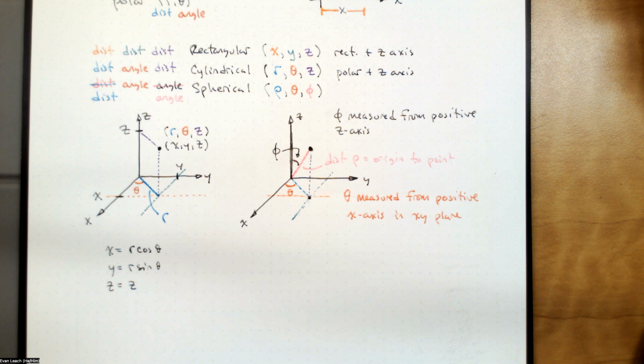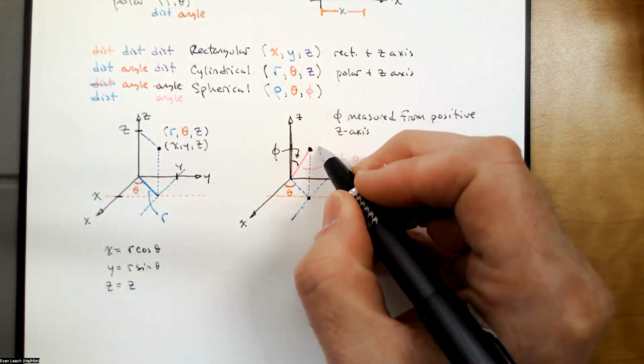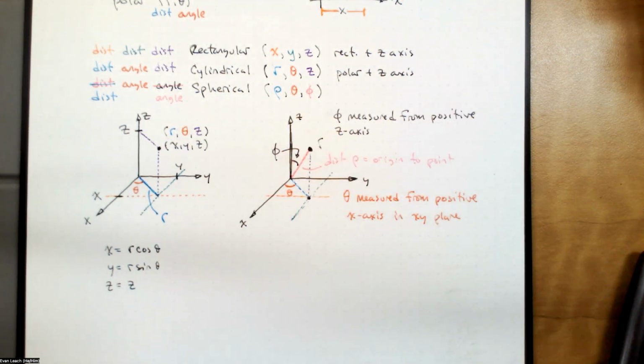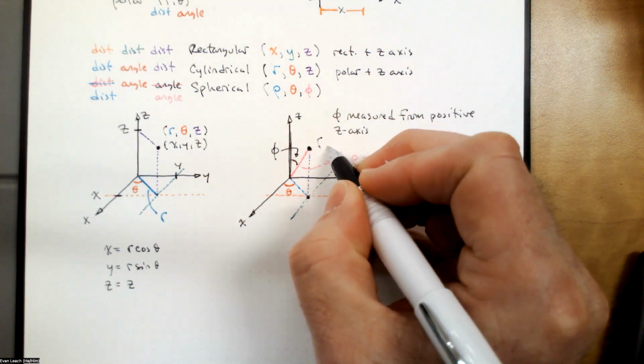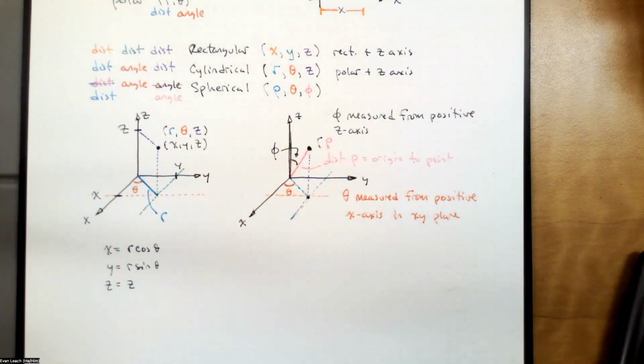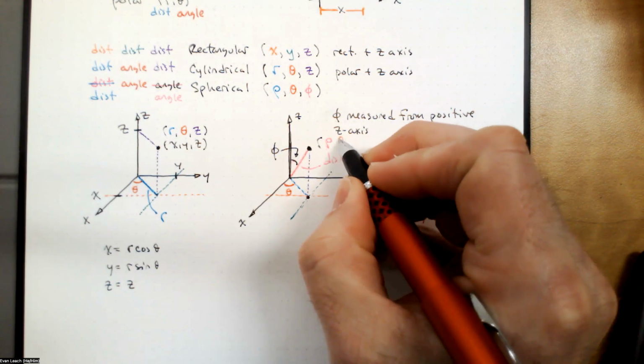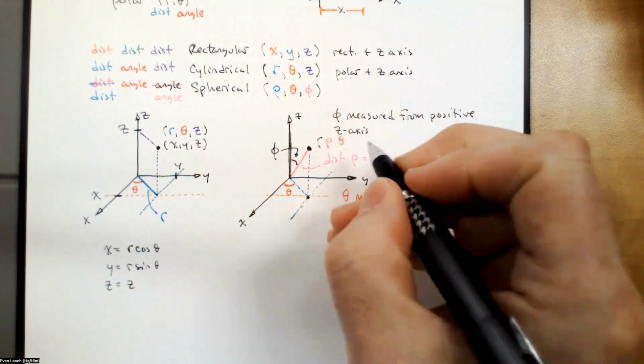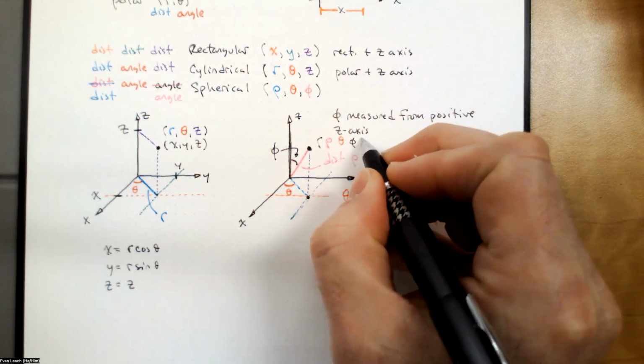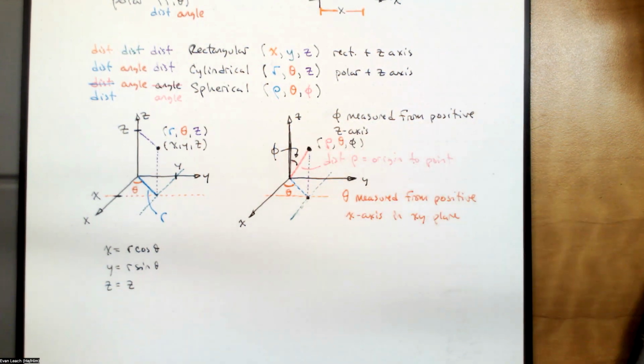Spherical coordinates is different. And this point up here is rho, theta, and phi. We do have the same theta, but rho and phi are new.